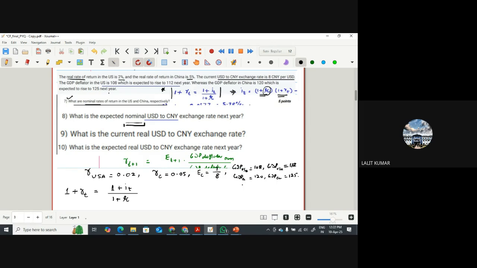This is the formula for the real rate and the nominal rate. So from here, we can get the nominal rate is equal to 1 plus pi into 1 plus our real rate, minus 1. Is this okay?